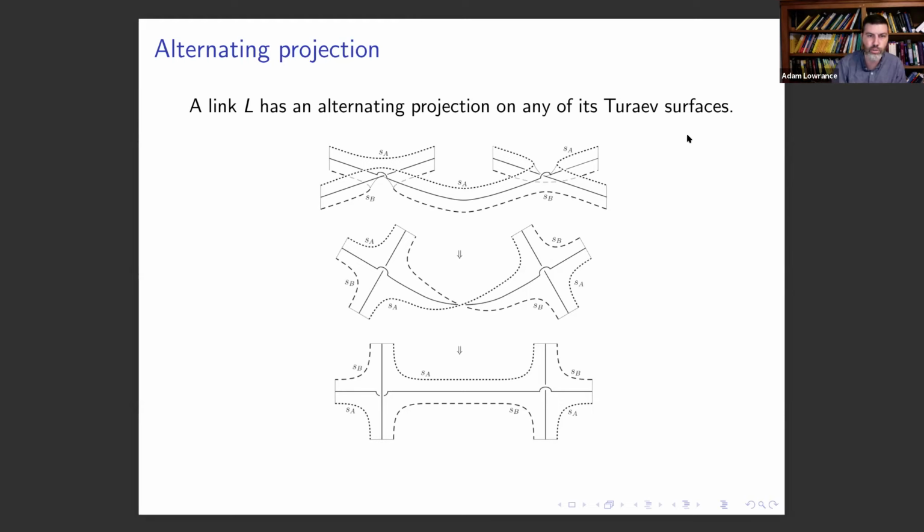The top shows what's happening sort of 3-dimensionally. The middle shows this twist, right? So the picture that you're looking at of the knot diagram on S2 might look like that middle picture if you ignore the Turaev surface. But then when you put the Turaev surface in, or at least that segment, you have the twist. And then when you untwist it, you get this alternating behavior.